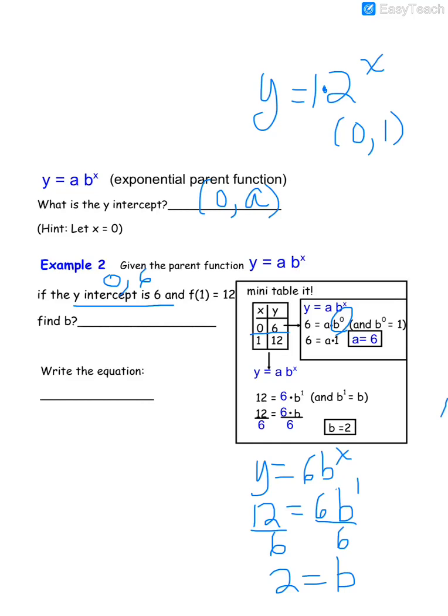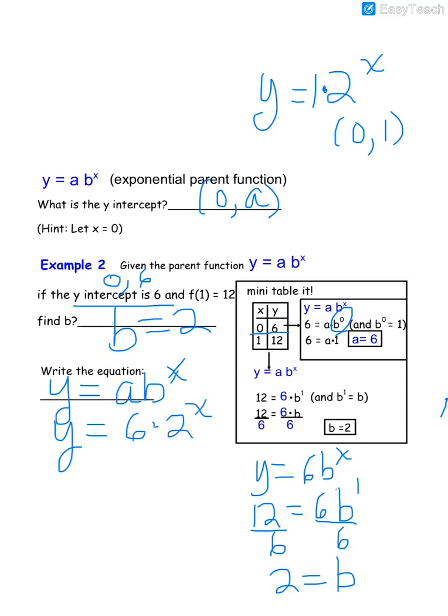So find the value of b. B equals 2. How do I write the equation? Y equals a b to the x. Well, we know a is 6. We figured that out. B is 2. And we have x there.